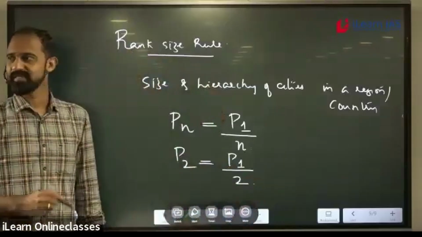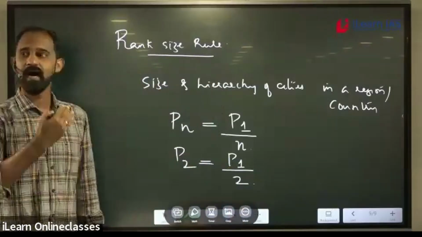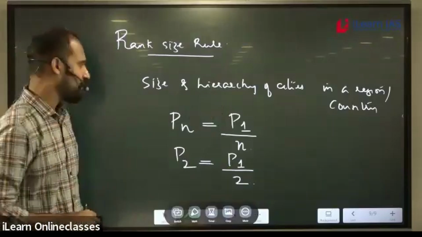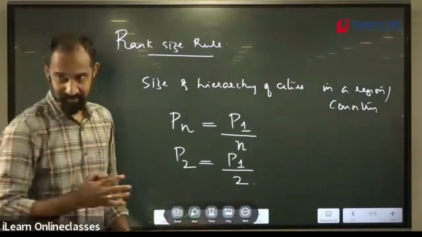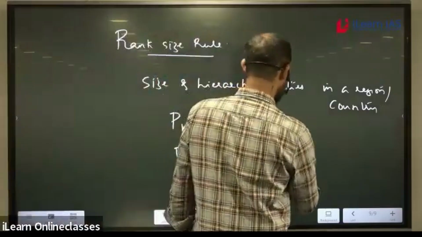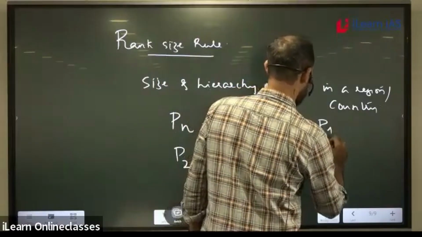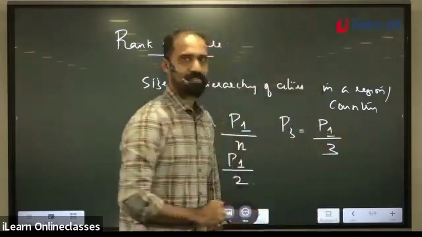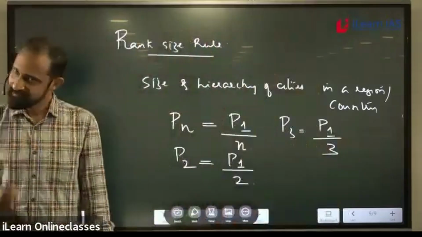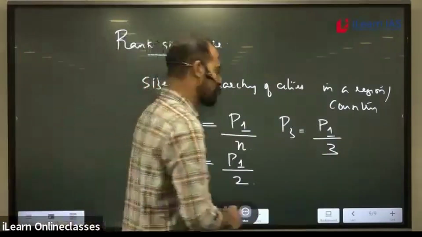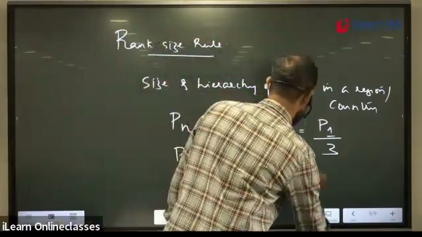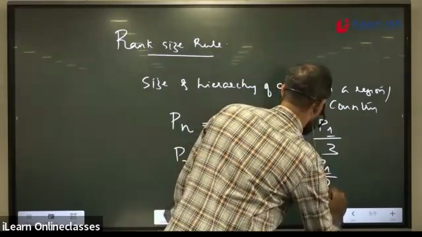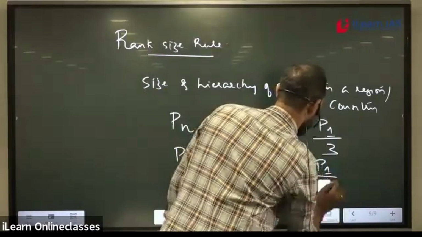That is, the second largest city will have half the population of the largest city of a country. What will be P3? P3 will be P1 by 3, that is 1/3 of the largest city. P4 will be 1/4 of the largest city. This is called the rank size rule.